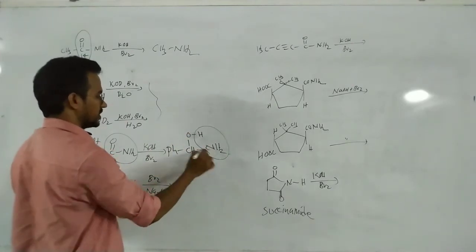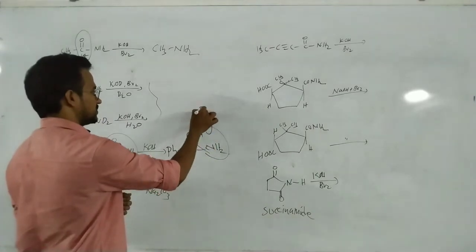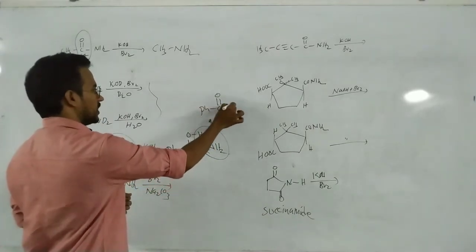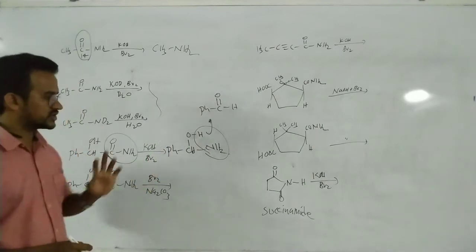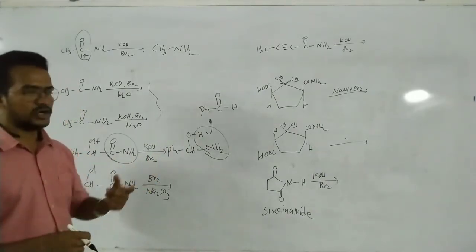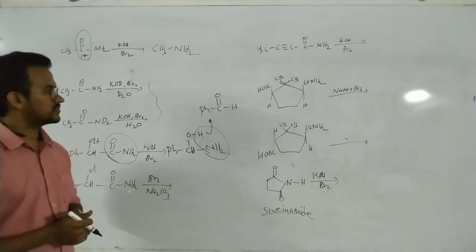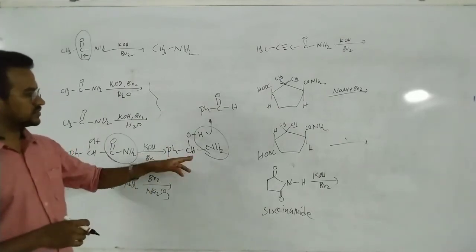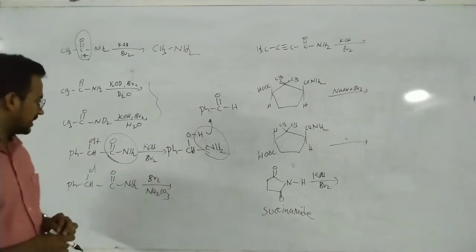So here loss of ammonia takes place. So here the product is PhCH(OH)2. Like a gem diol, it is also unstable. The gem diol, by loss of a water molecule, is converted to the carbonyl compound. So here also loss of ammonia takes place, and benzaldehyde is the product.